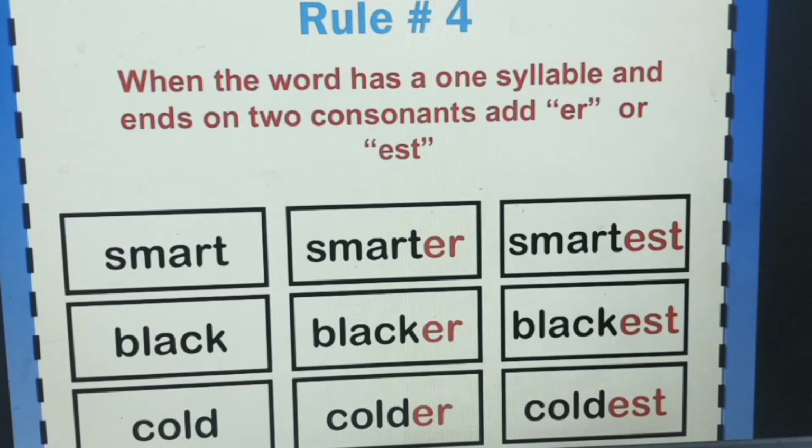Rule number 4. When the word has one syllable and ends in two consonants, add er or est. Smart, smarter, smartest. Black, blacker, blackest. Cold, colder, coldest.